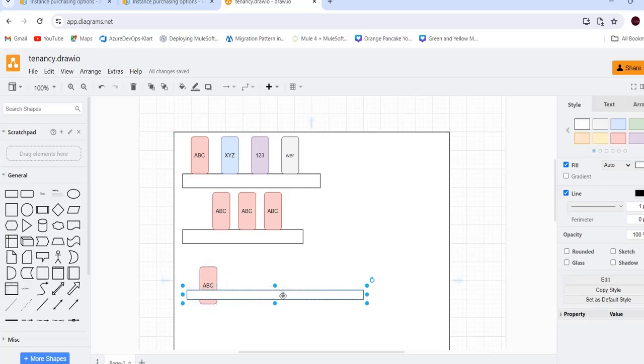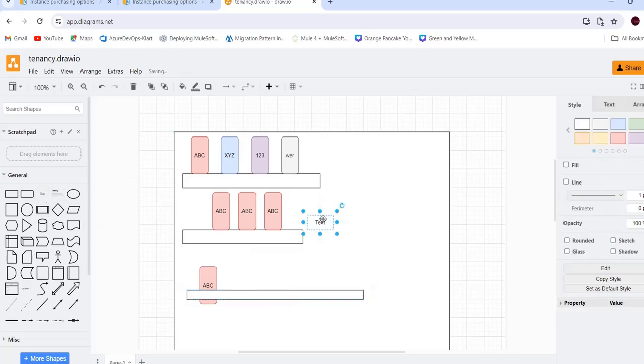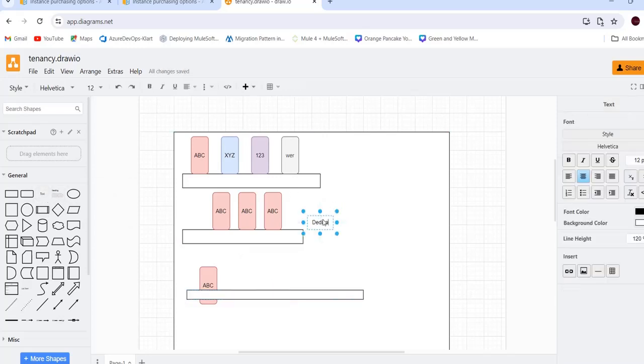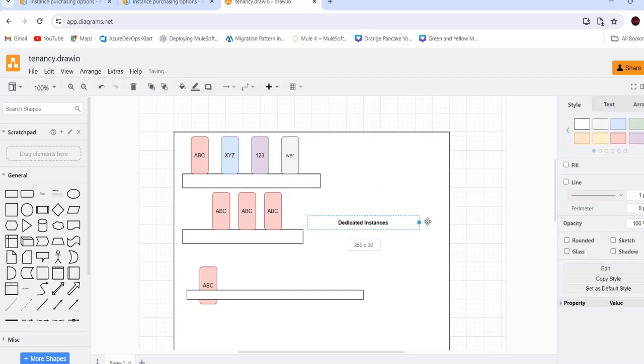They can do whatever they want in the dedicated host model. Here, let me just name it to avoid some confusion. This is dedicated instances. This is host.